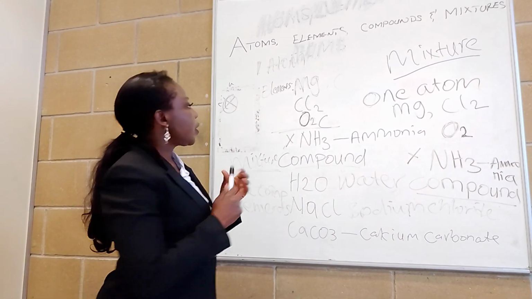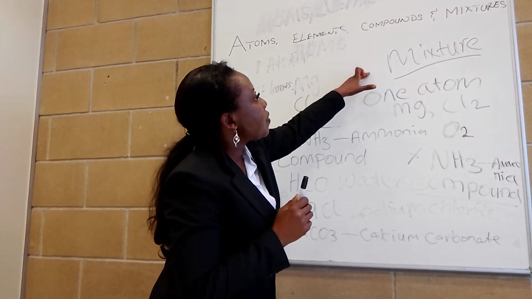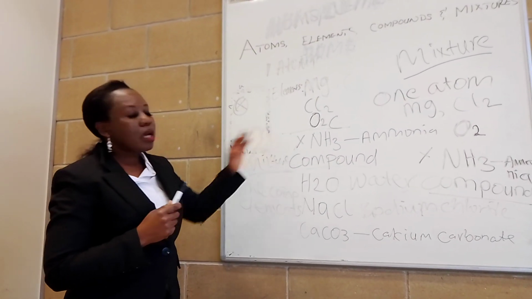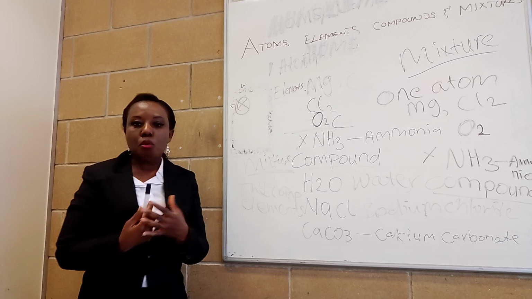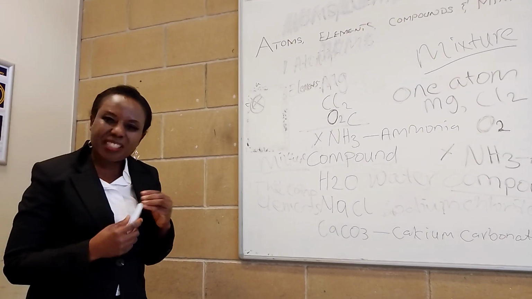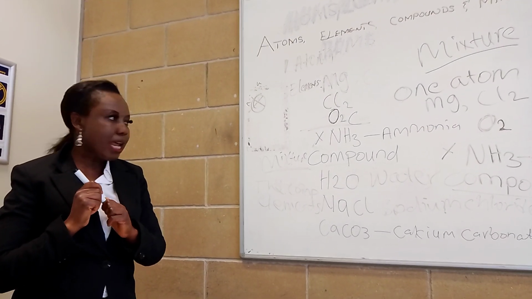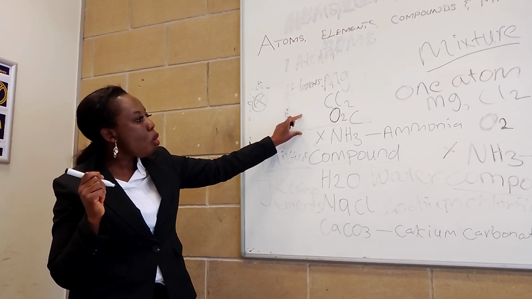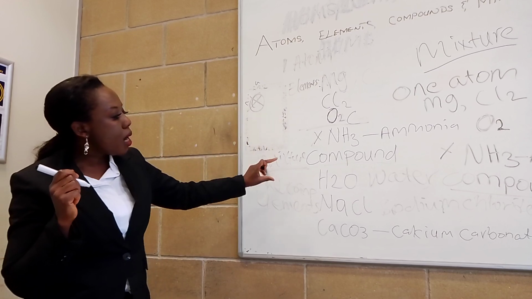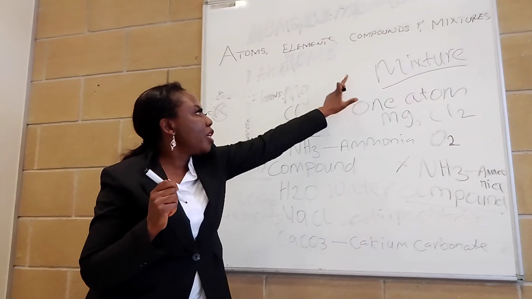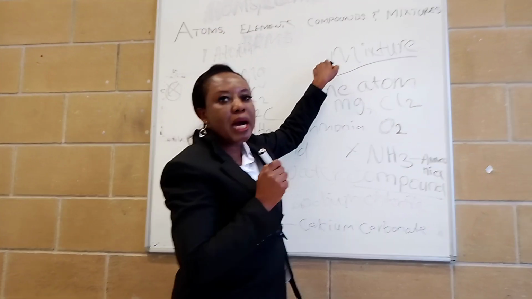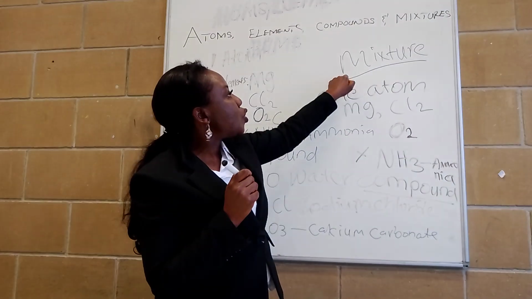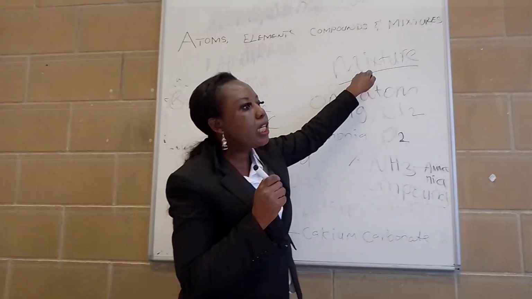That takes us to mixture. A mixture contains two or more constituents not chemically combined together. Remember what we said about compound. A compound is two or more elements chemically combined, but a mixture is not chemically combined, it consists of two or more constituents not chemically combined.